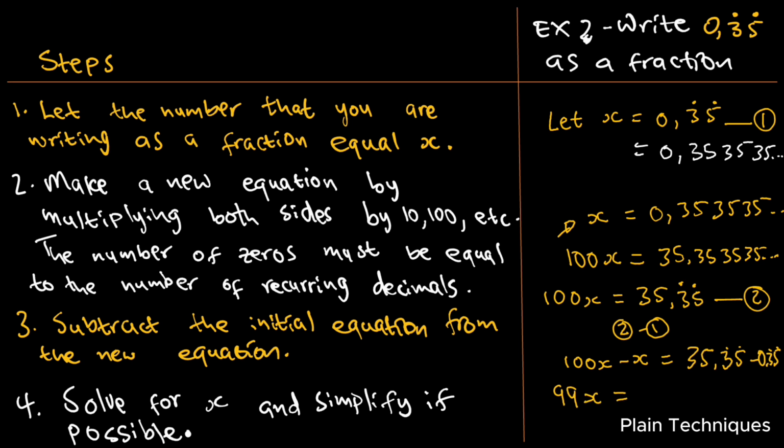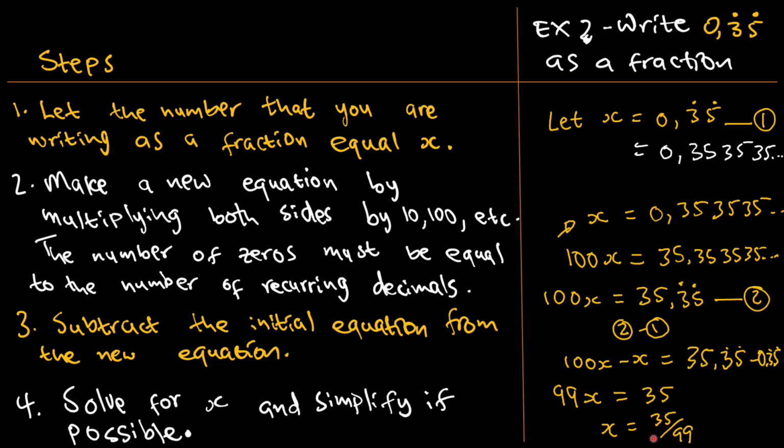And then 35 comma 35 dot dot minus 0 comma 35 dot dot, that will be 35. Now my answer is 35 divided by 99. This is my answer. I just divide both sides by 99.